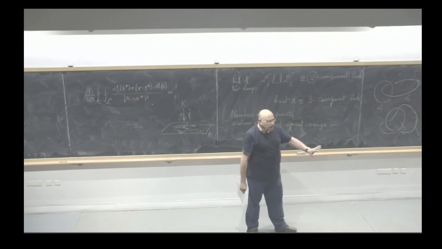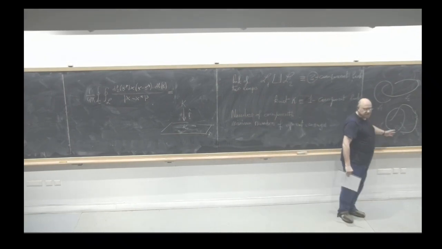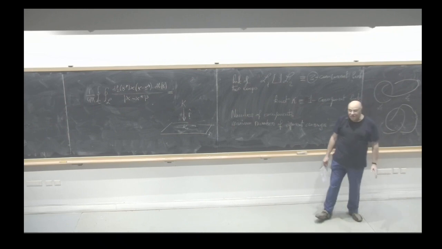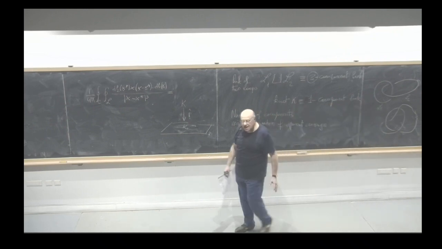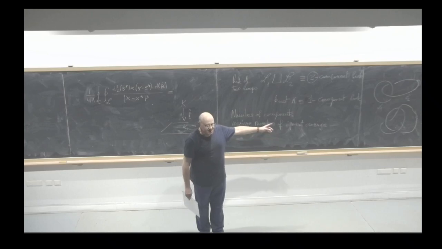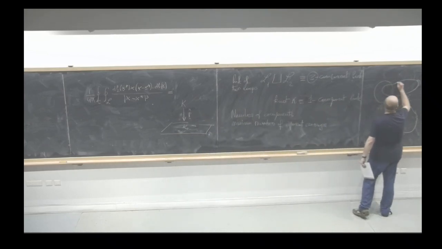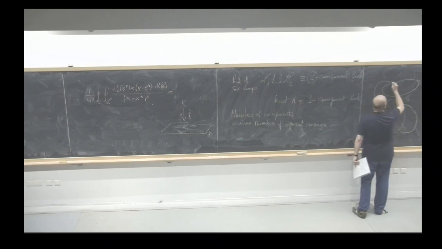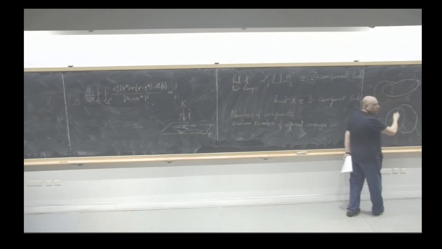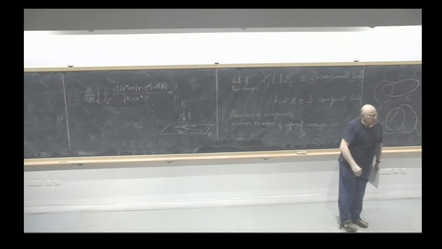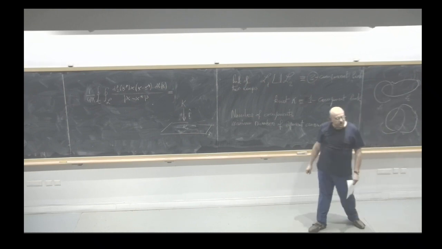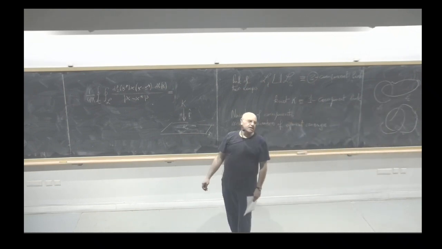Well, something obvious, so intuitive, but it took Tait 15 years to realize that. He used to denote a crossing like this, and then he had to put dots to denote if it was an overcrossing or undercrossing. If you check his first tables of knots, it's a terrible thing.